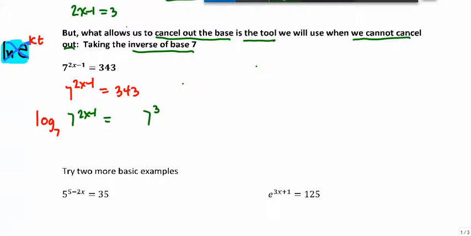And that's what I want to do here. I now have a base next to its inverse, so it's going to cancel out. Now what I do to the left-hand side, I must do to the right-hand side. And again, I have a base next to its inverse, so those cancel out. So that's really the tool that is allowing us to cancel these out.